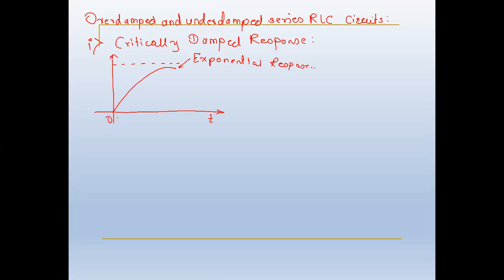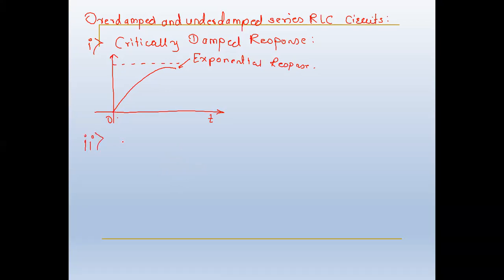If the damping factor is sufficient to prevent the oscillations, then the system response is called a critical response. Consider that the current is exponentially increasing as shown in the figure. So here the response is not oscillating. So it is a critically damped response.